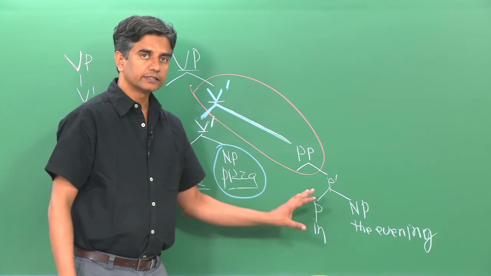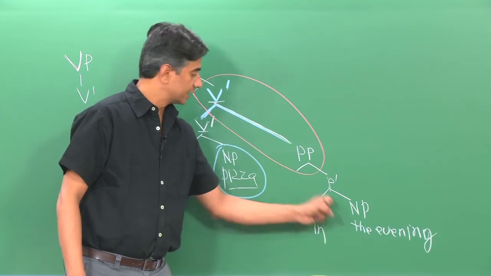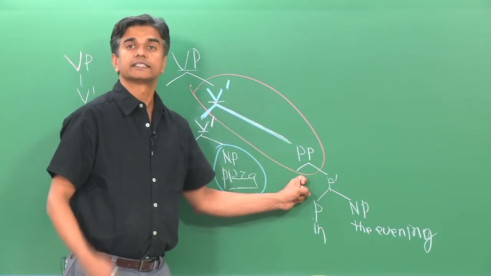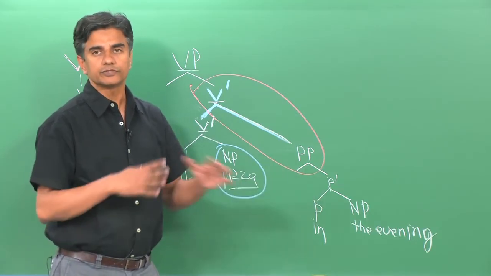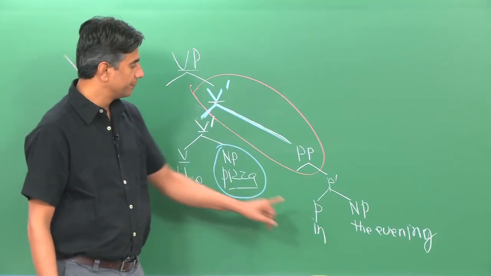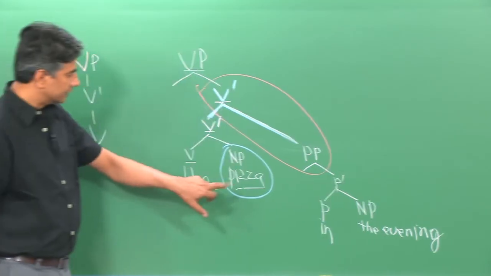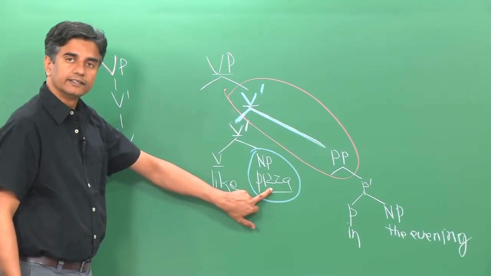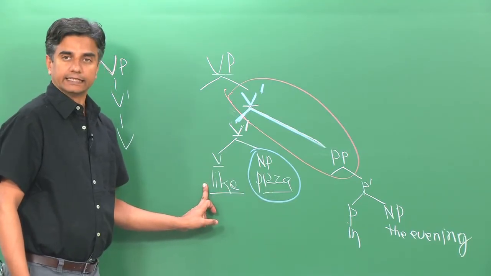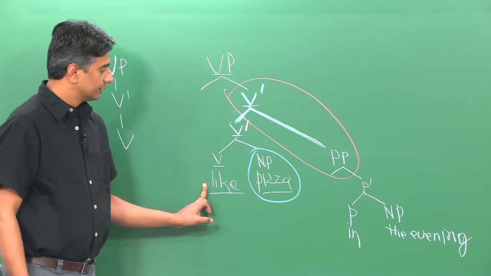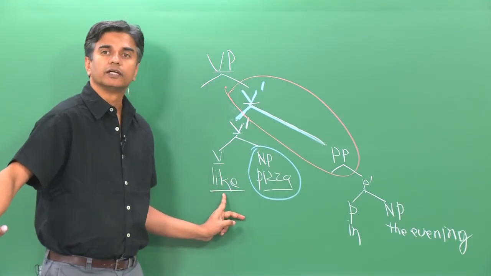However, such a thing assumes that this is going to have a specifier also. This can have a specifier potentially, but because it is not available here, we can make it short and simply say P and NP. Now, the important part is to see this NP, pizza, is too close to the verb like, whereas this PP is notionally far from the verb like.